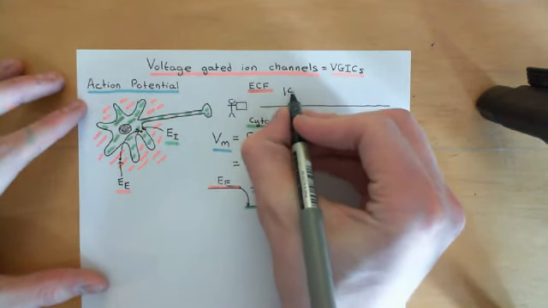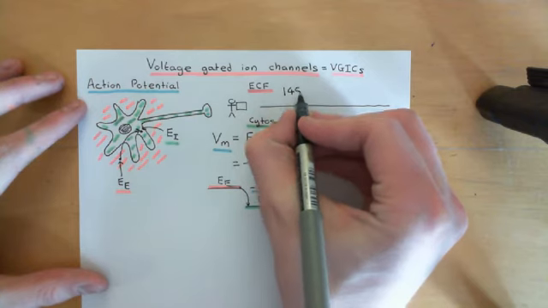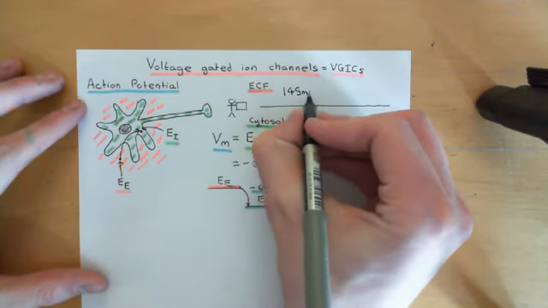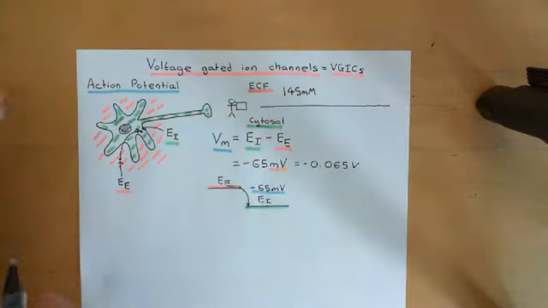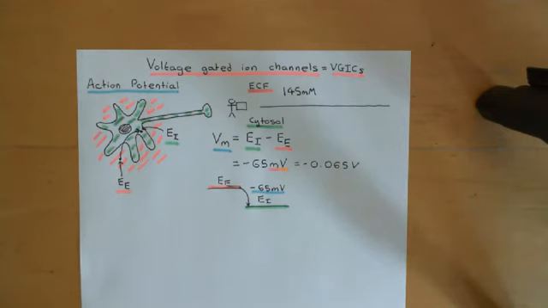Extracellular sodium concentration is around 145 millimolar, and I should stress that these numbers will differ depending on which source you go to, but they'll all be very close, so take these as being around that level rather than exactly that level.